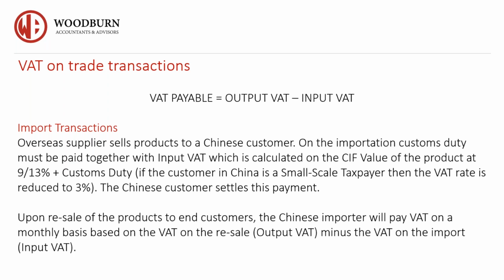The shipment arrived, and because they were a small-scale taxpayer, and mind you, this was a 40-foot container with a value of 500,000 RMB, they could not offset the input VAT for this container coming in.